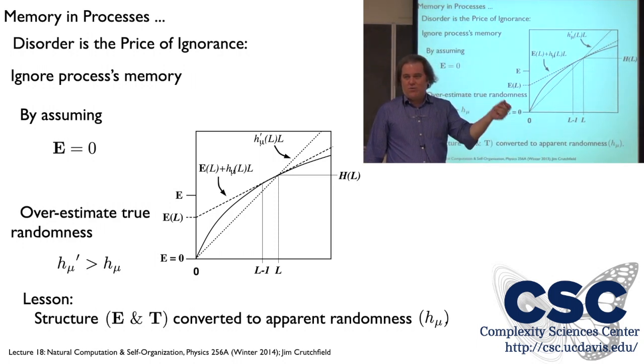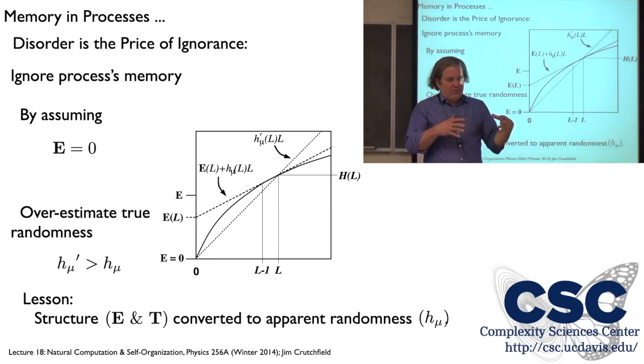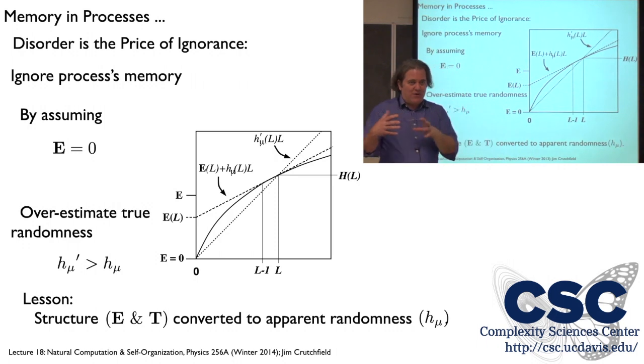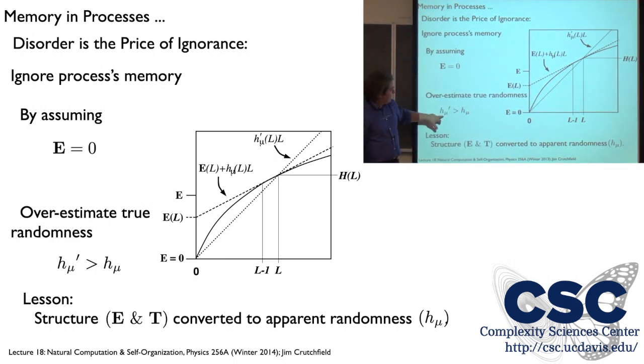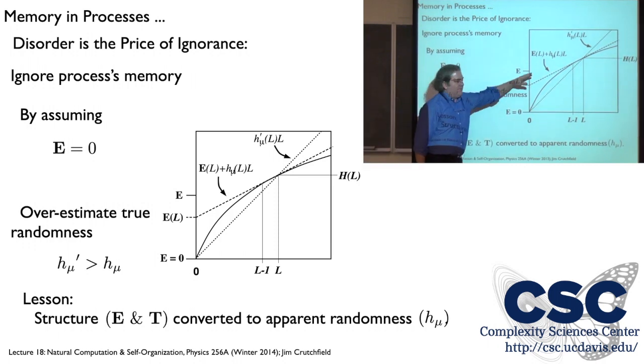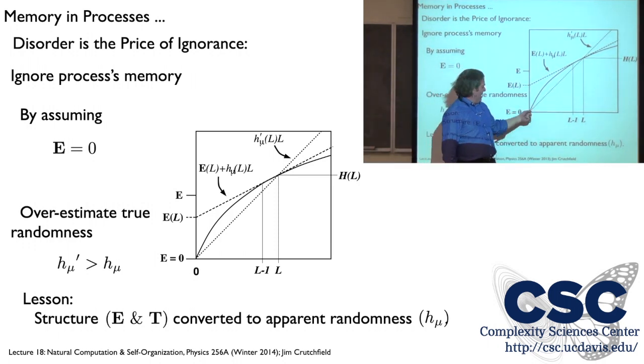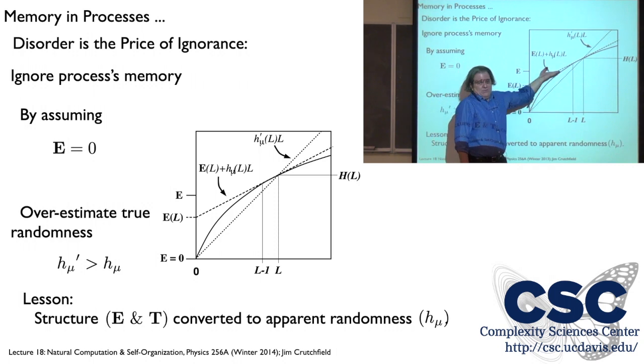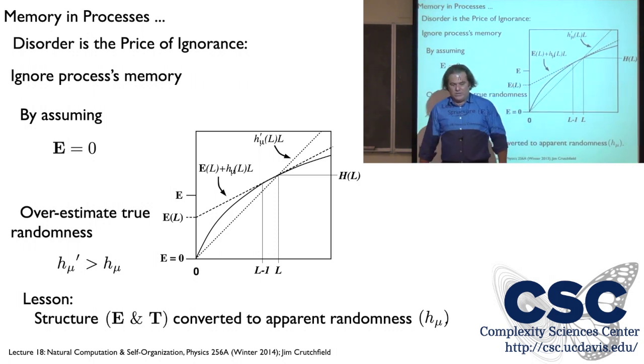The process looks more random than it is. In a sense, by ignoring memory, I've converted the memory into apparent randomness. So the memoryless approximation of an entropy rate is always larger than allowing for that. It's like you're doing curve fitting, except rather than forcing the straight line you're using to be pinned to 0, you let it float. Well, that's the same thing as doing a two-point slope approximation.